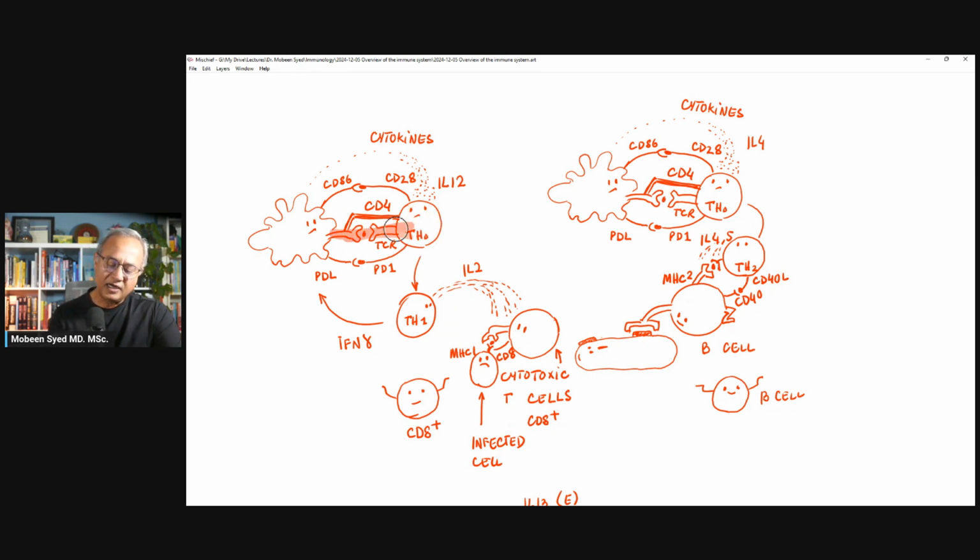Once this binding occurs, the CD4 molecule on the T helper cell will bind with the MHC2. So this is the concept of co-stimulation in the immune system. The immune system does not want to be willy-nilly activated.